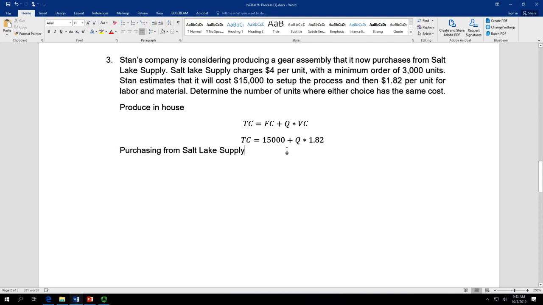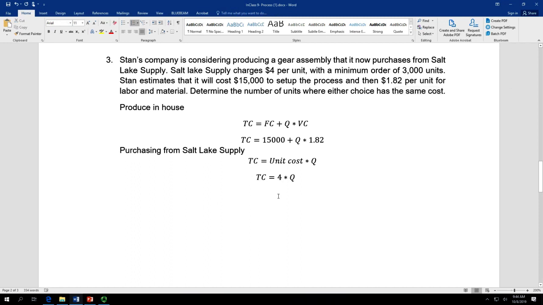Salt Lake Supply sets the minimum order at 3,000, but the charge is just the unit cost times the quantity level. So we can write this equation as $4 times Q. And the problem says to determine the number of units where either choice has the same cost, which means this total cost equals that total cost.